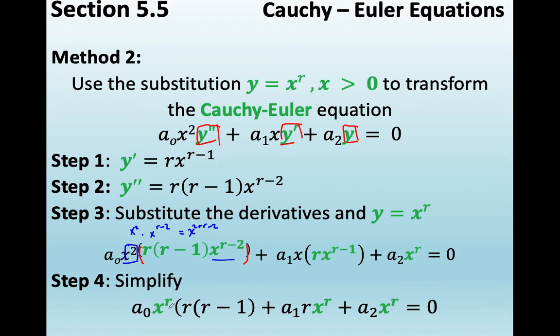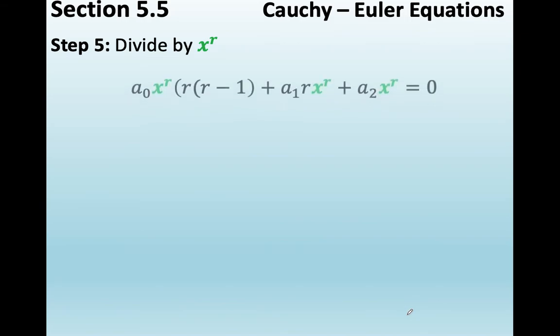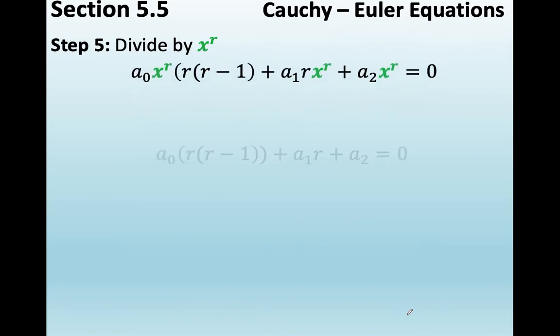Which is just x to the r. Oh snap. And then look what happens here. This is x to the first, which eventually is going to be multiplied by x to the r minus 1, and look what that turns into. Oh snap. And then this was already here. Whoa! So I can factor that out or divide it off. Regardless, bye-bye.